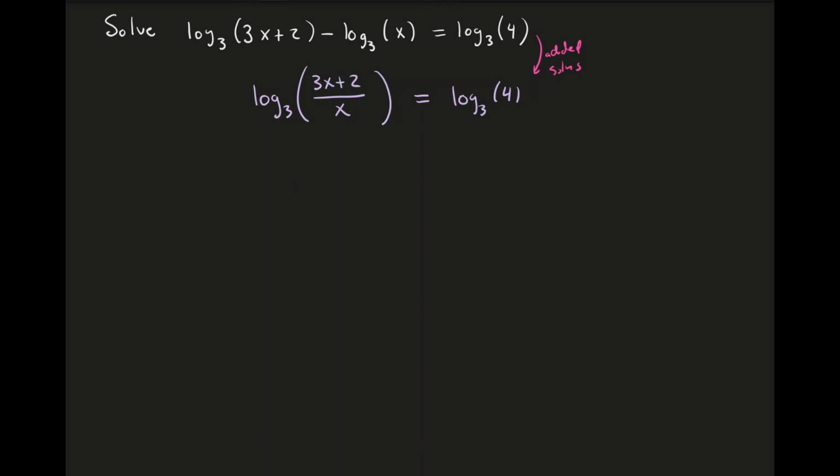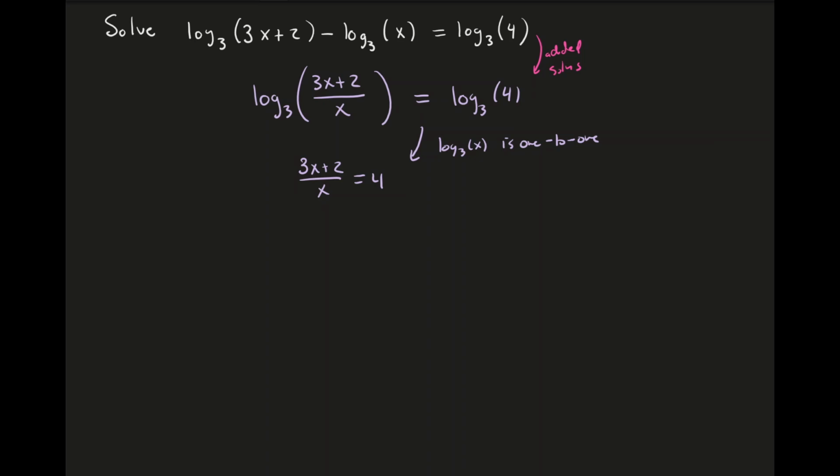Now, as log base 3 of x, and log base any valid base of x, are one-to-one functions, we get the fact that 3x plus 2 divided by x is equal to 4. Because the values of the logarithms are equal, the inputs of the logarithms have to be equal.